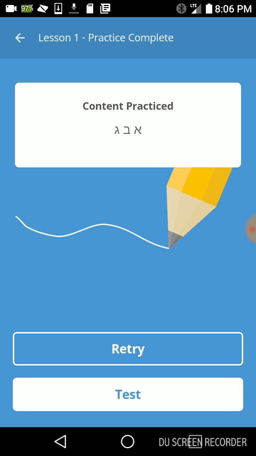It doesn't sound like an R, because you have to put your tongue toward the back of the roof of your mouth to make the sound resh. It could sound like an R when it's toward the beginning of a word, like reshit. You can get away with that. But in words like bahur, it doesn't sound like an R at all.